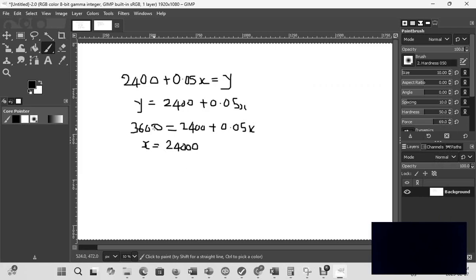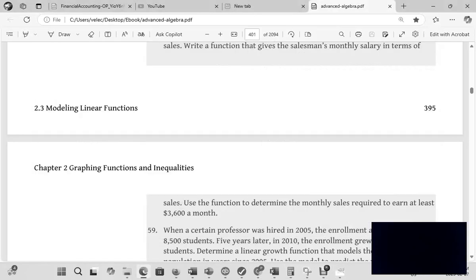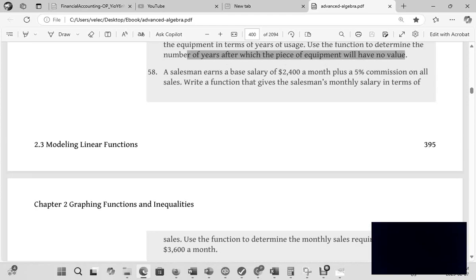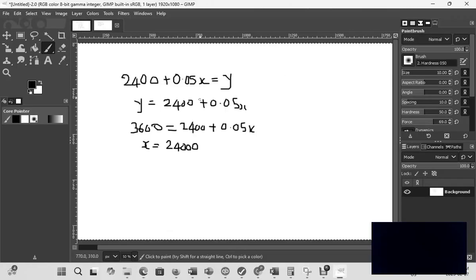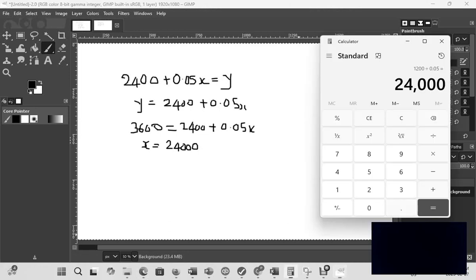Again, Y is $3,600 a month. The equation is 2,400 plus 0.05X. If you sub in 24,000 for X, this will be 0.05 times 24,000, which is 1,200, plus 2,400, which will give you 3,600.